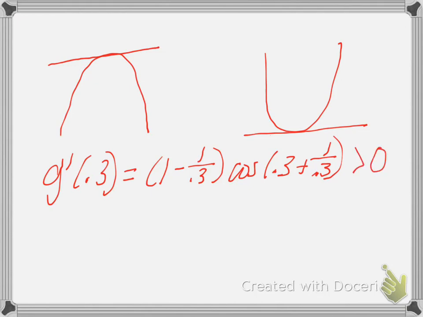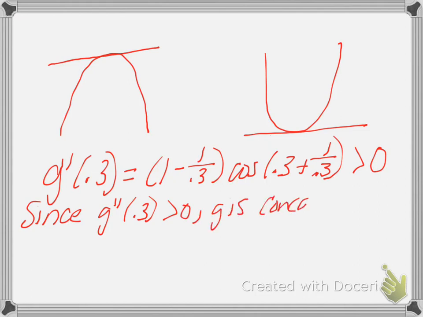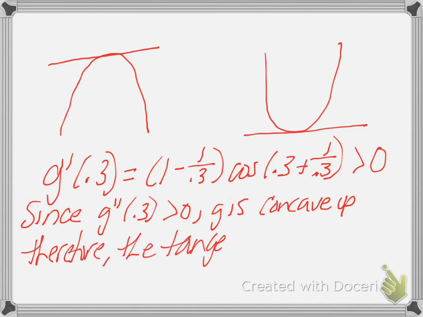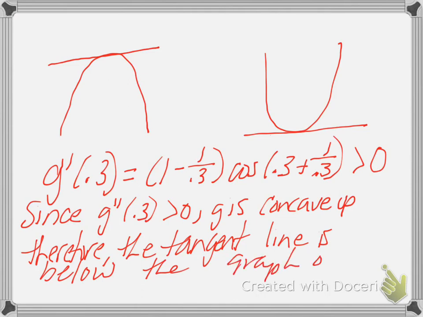So your explanation is going to be, since g double prime of 0.3 is greater than 0, g is concave up, therefore the tangent line is below the graph of g. And that was worth 1 point for that. Okay, that finishes the second one.